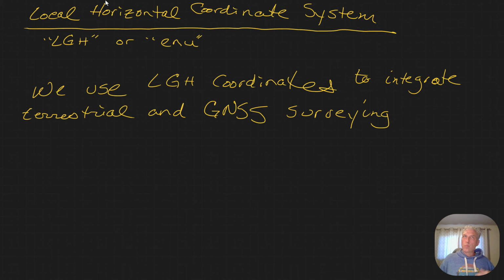Transforming to the ENU coordinates allows us to apply typical Cartesian computations, whereas GNSS surveying is geodetic and requires the use of latitudes and longitudes and elevations, or XYZ, or Earth-centered, Earth-fixed coordinates. So it's usually most convenient to work in our northing, easting, and up coordinates.